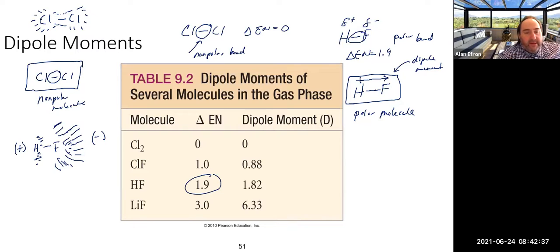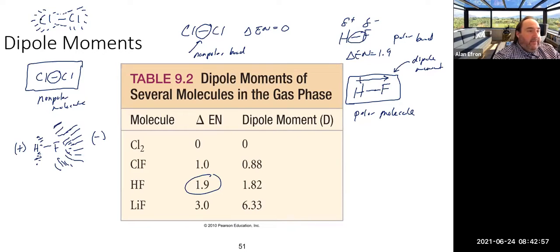We could think of the molecule, and the bond as well, as being neutral, if you will. There's not a positive side, there's not a negative side.